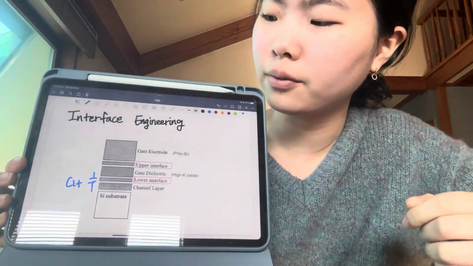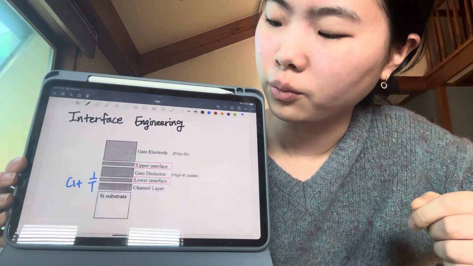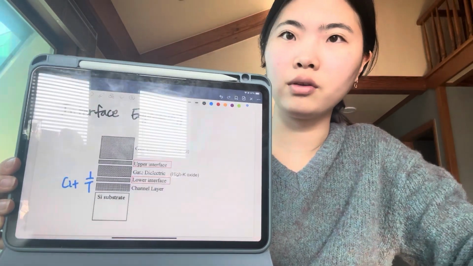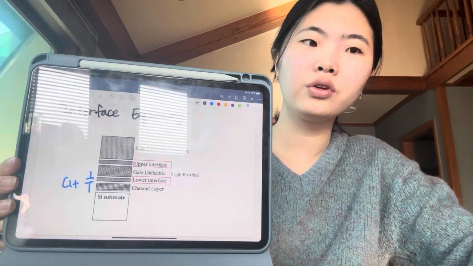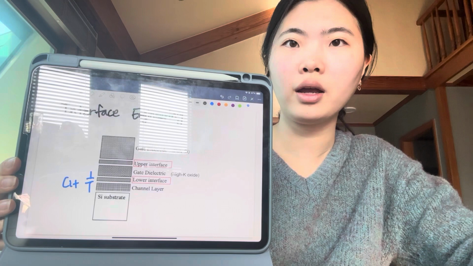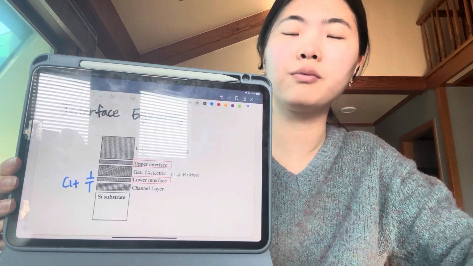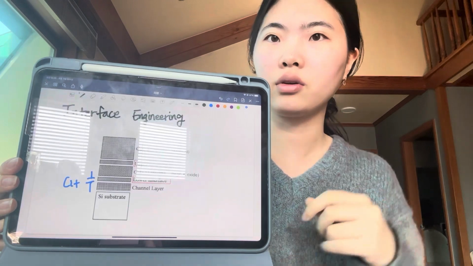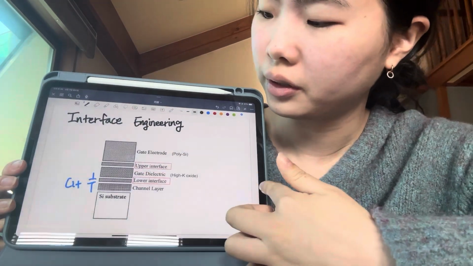So we should know the characteristics of the interface, and how to decrease the interface traps is a very important topic of semiconductor engineering.